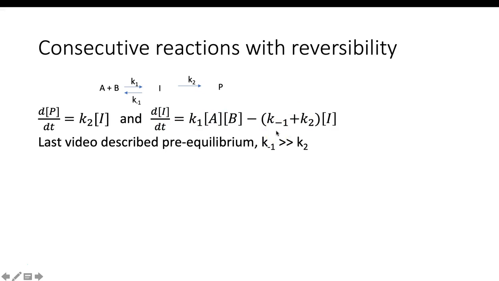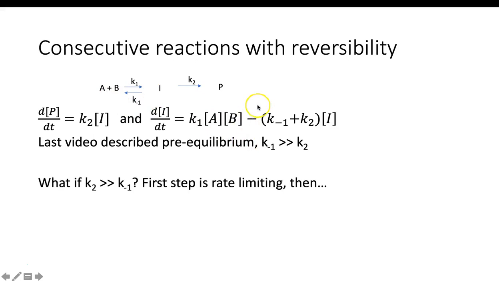And then we described in that video the pre-equilibrium case where if k minus 1, this reverse reaction, is much faster than the product forming reaction, then these first steps are allowed to come to equilibrium. So what happens if the second step, this product forming reaction, is much faster than that?